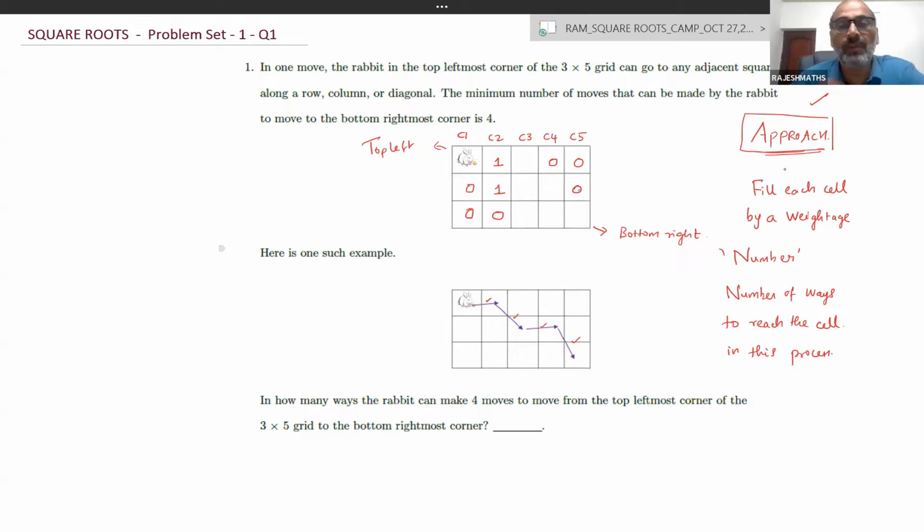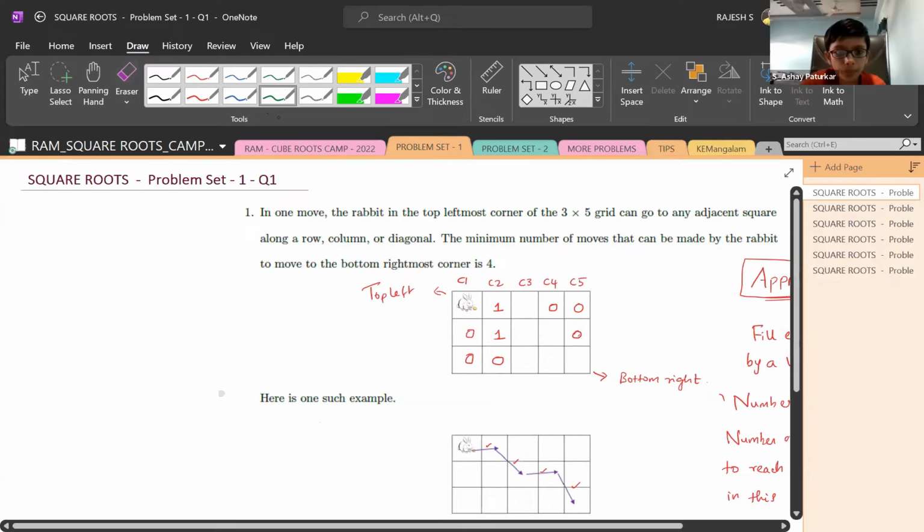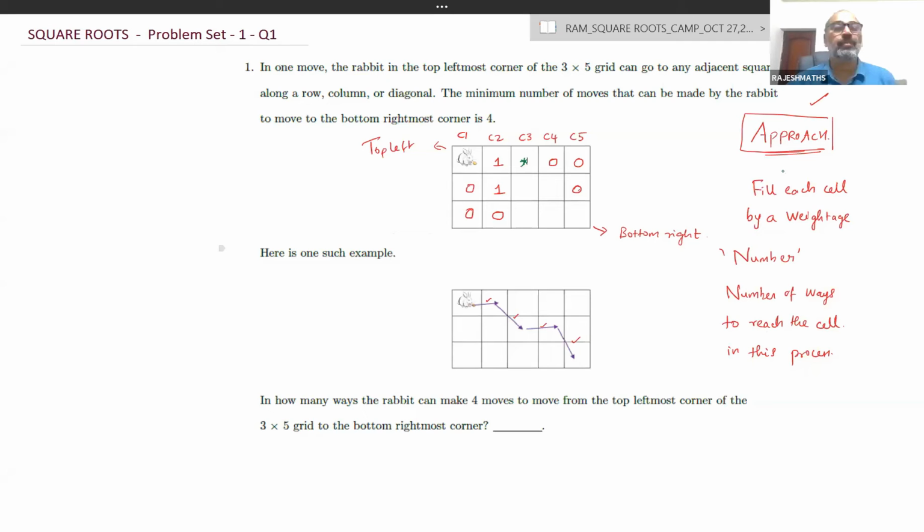To reach this position, how many ways does the rabbit have? What is the weightage of this, the one which I have marked? Let me put it with something else. Yes, this one. What is this weightage? Sir, 2. 2.